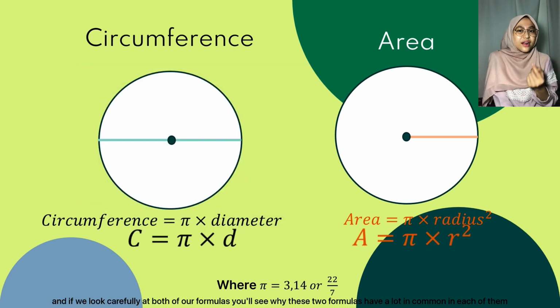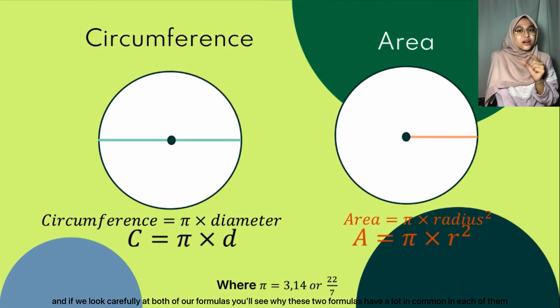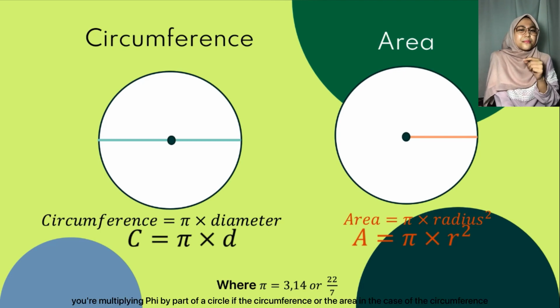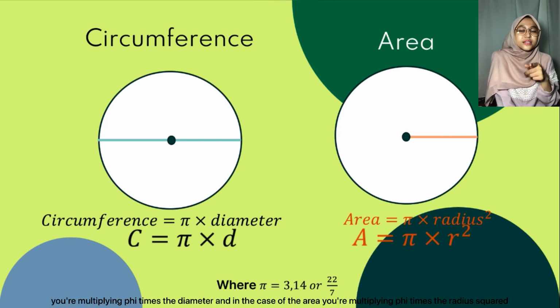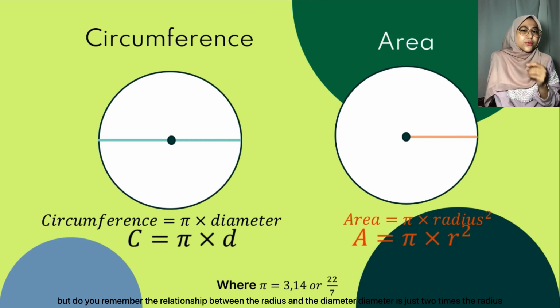And if we look carefully at both of our formulas, you'll see why. These two formulas have a lot in common. In each of them, you're multiplying pi by part of the circle. In the case of the circumference, you're multiplying pi times the diameter, and in the case of the area, you're multiplying pi times the radius squared. But do you remember the relationship between the radius and the diameter?